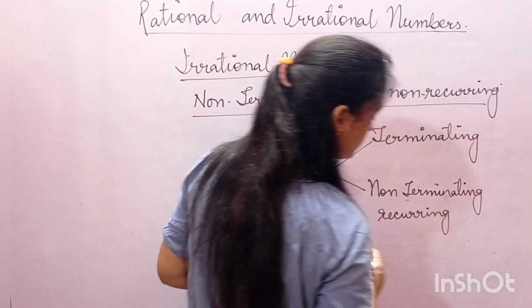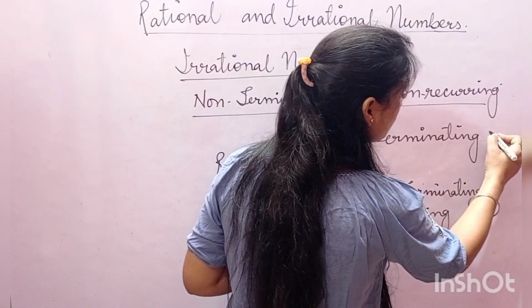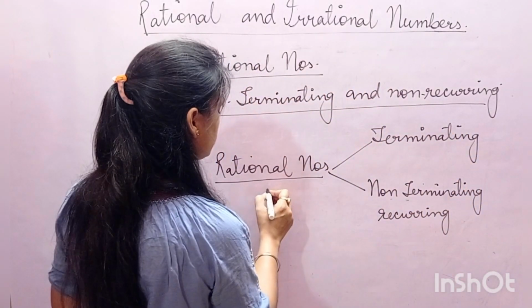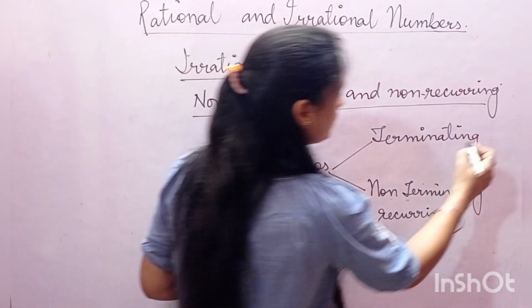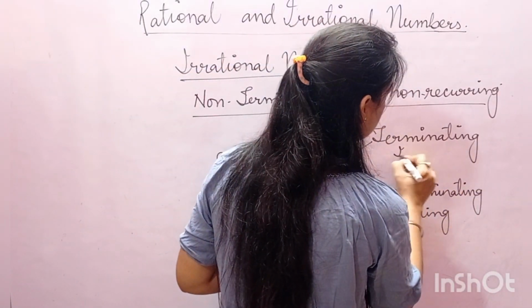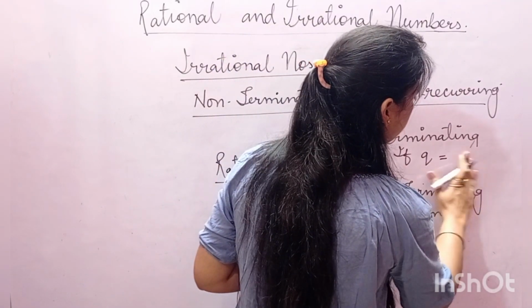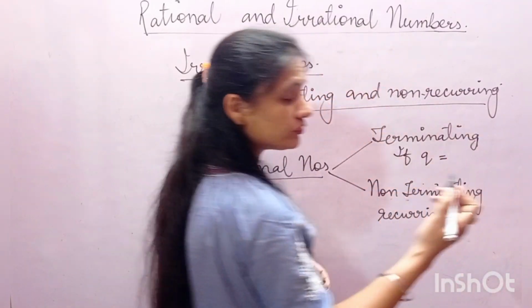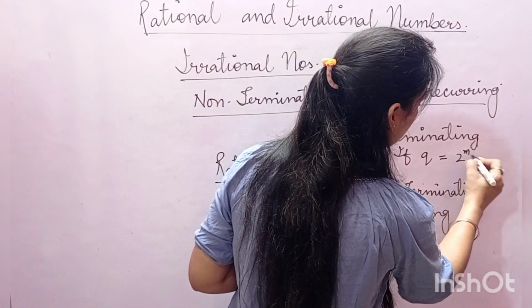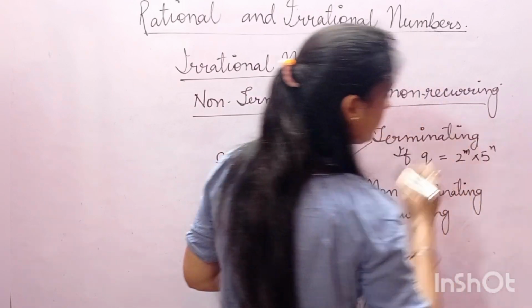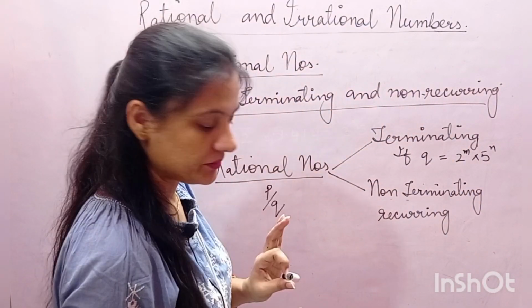Okay, so we can say, you know the rational number can be written in the form of p by q. So if you do the prime factorization of the denominator q, and you can get it in the form of 2 raised to power m and 5 raised to power n, then we can say that the numbers are terminating.